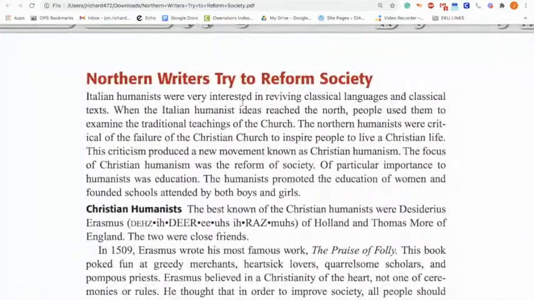And it says, Northern writers try to reform society. So it says, Italian humanists were very interested in reviving classical languages and classical text. So we have this word again that we've seen before, humanist.